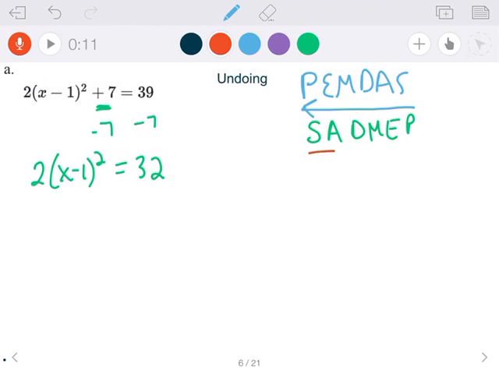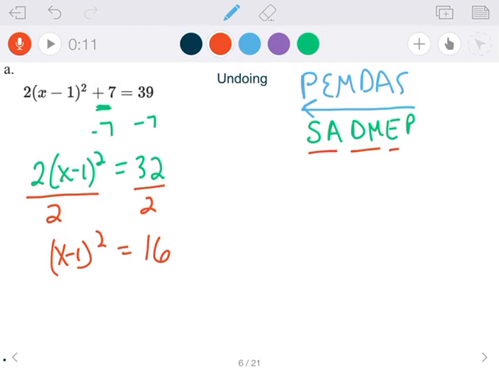So I looked at adding and subtracting. The next thing I'm going to look at is multiplying and dividing, and I see I have 2 times the x minus 1 squared. So if I'm going to undo the multiplying and dividing, I'm going to divide by 2 on both sides. So that would leave me with x minus 1 squared equals 32 divided by 2 is 16.